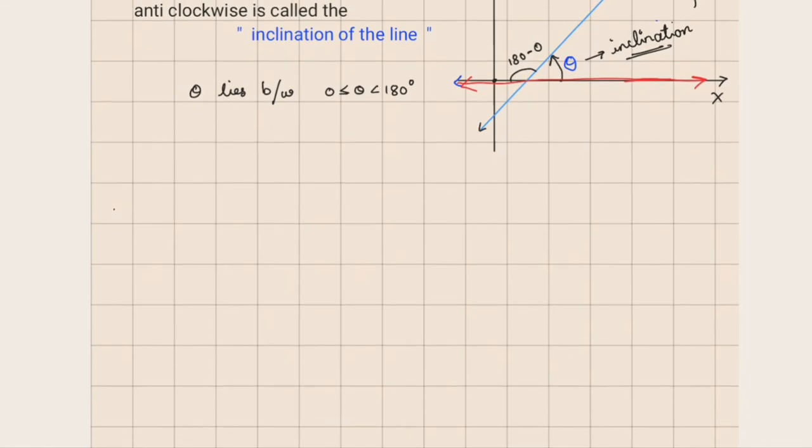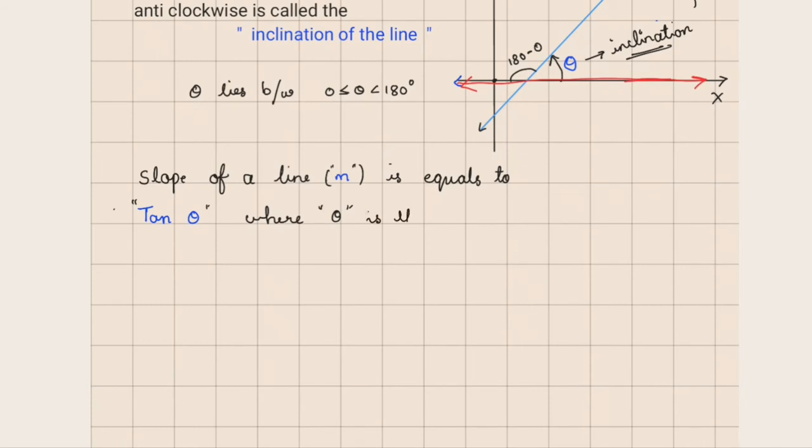So what is the slope? The slope of a line, let's say the slope is called m, is defined as m equals tan theta, where theta is the inclination.